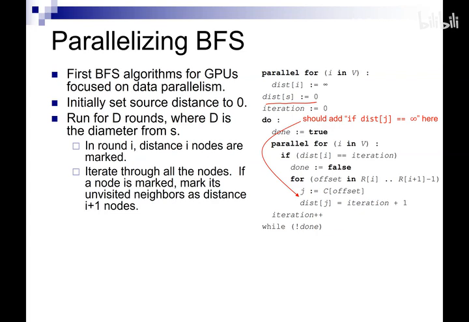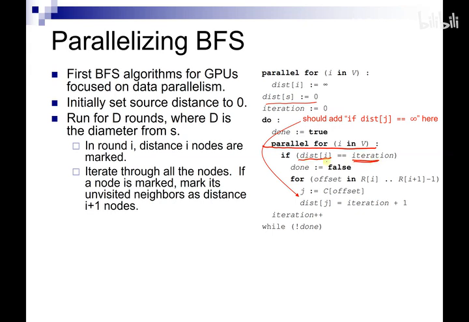Looking inside this code over here, here's where you iterate through all of the nodes, for all the nodes in this node set V. You check whether the distance of this node is equal to the current iteration. We run for d iterations, so in this iteration we're trying to find all of the nodes at this distance, and then we look for their neighbors.